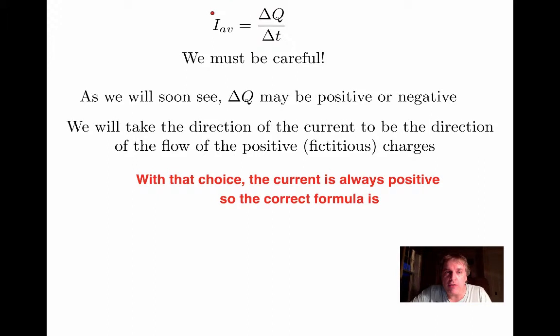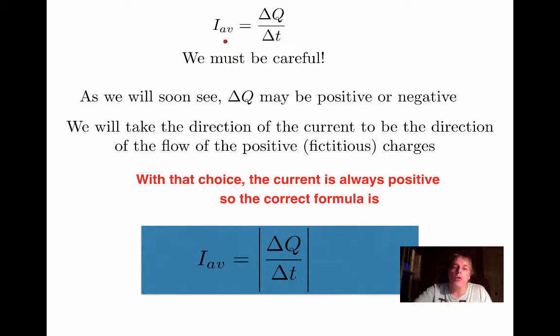If you look at this equation, we're facing a problem. Delta Q may be positive or negative. Delta t is always positive, so I average could come out to be negative, because if delta Q is negative, I average would be negative. So I have to modify that equation to ensure that the current is always positive. I'm going to actually use this equation.